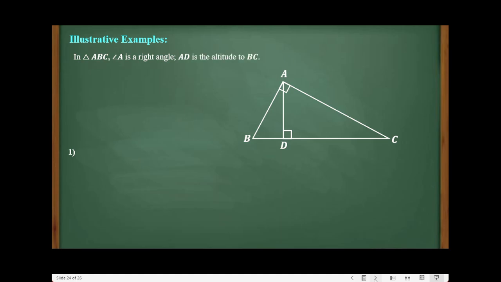Let us have these illustrative examples. In triangle ABC, angle A is a right angle and segment AD is the altitude to BC.